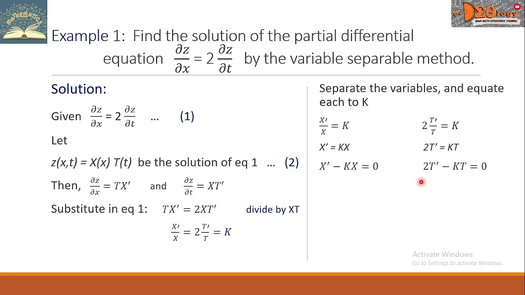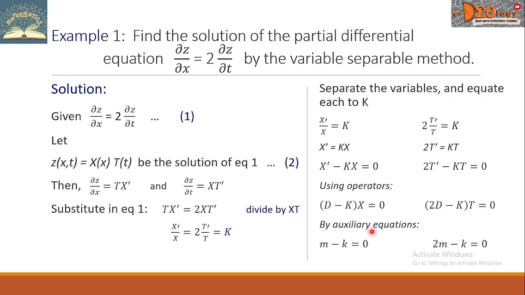So we have 2 times T prime minus KT equals 0. The next step is we will use operators to represent the equations respectively. For the first equation, we have D minus K multiplied by variable X equals 0. On the second equation, we have 2D minus K, the quantity is multiplied with capital T equals 0.